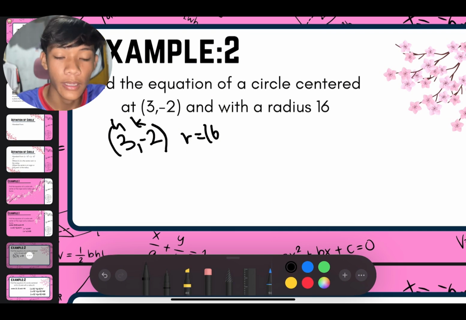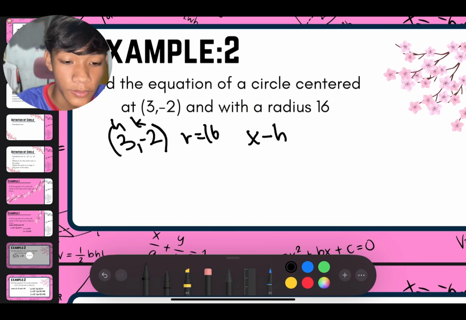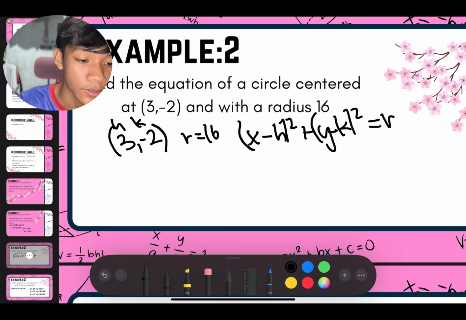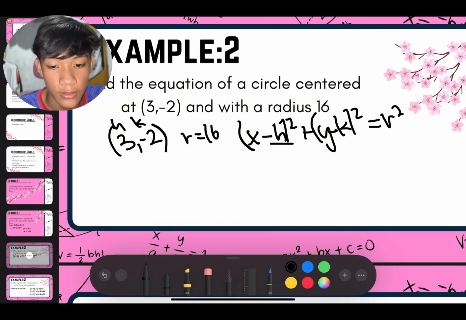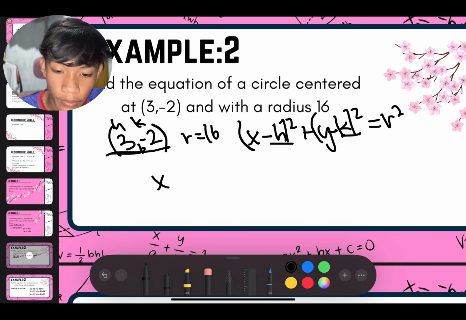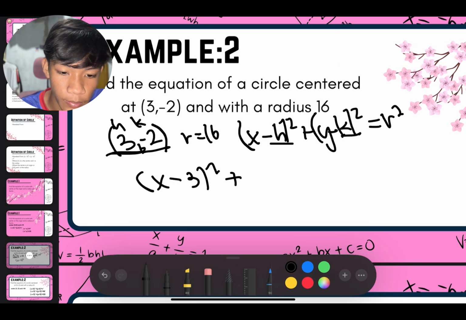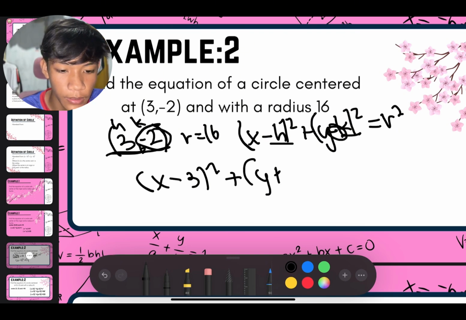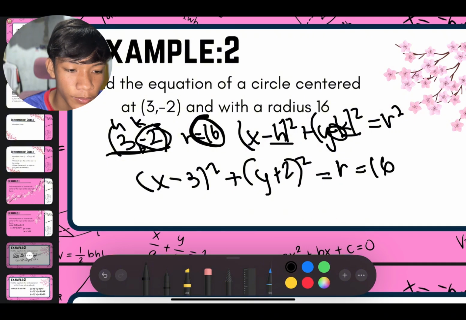First, we're going to write the equation: (x minus h) squared plus (y minus k) squared is equal to r squared. So what is our h? 3. And what is our k? Negative 2. So (x minus 3) squared plus (y, our k right here is negative 2, then the sign here is negative, so that would be positive) 2 squared is equal to our radius, which is 16 squared.